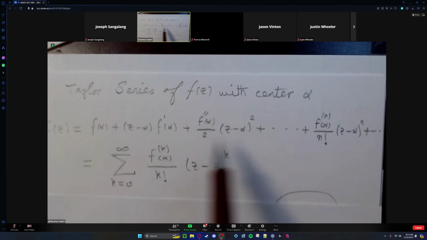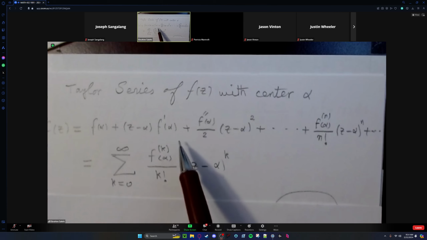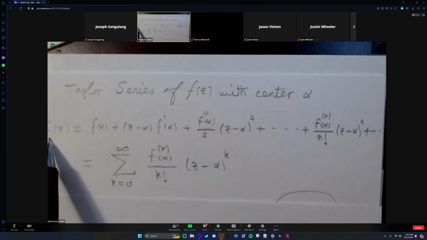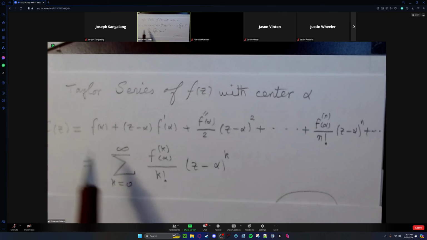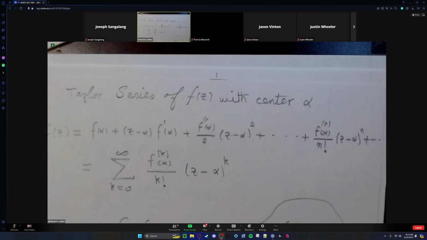Of course, the main question is: this series on the right-hand side, is it a convergent series? And if it converges, is the value of this series the same as f of z for different z's? And that is what the Taylor series theorem is about.